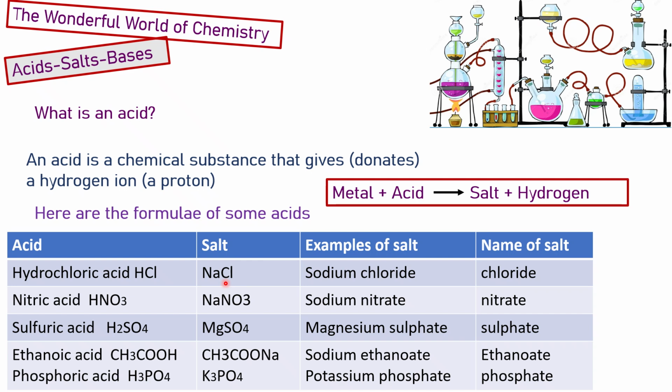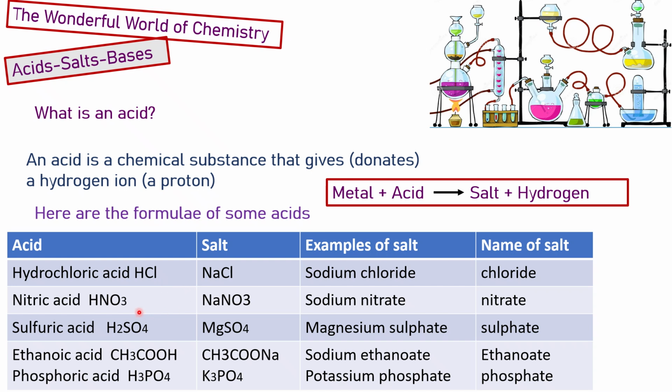This is the formula of sodium chloride. Sodium chloride is table salt, which we add to our food to give flavor. This metal can be any other metal, for example, magnesium chloride. That's why we call them chlorides, because their parent acid comes from hydrochloric acid.